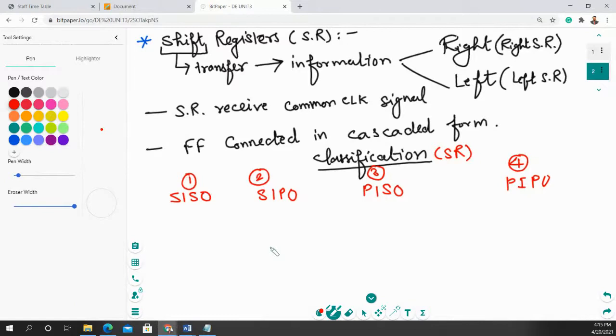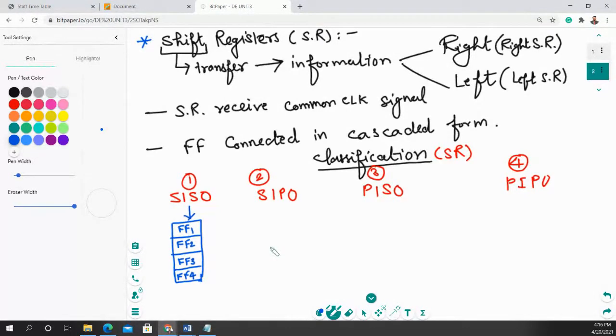So how can you represent the flip-flops in this form? Let's suppose that this is your shift register. This is flip-flop number 1, flip-flop 2, flip-flop 3, and flip-flop 4.